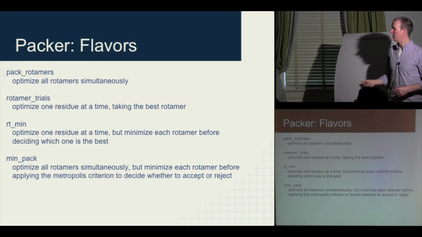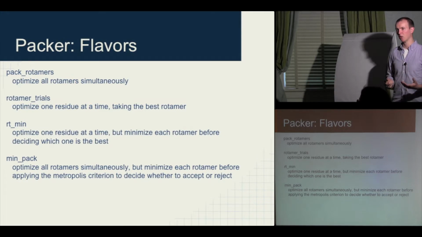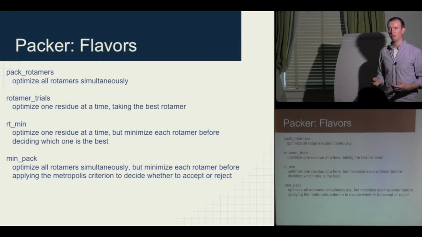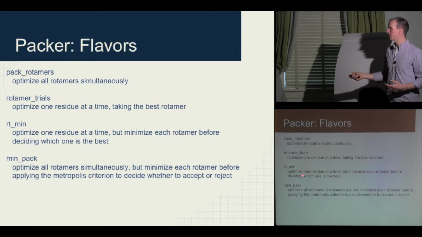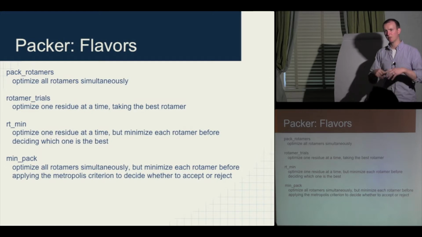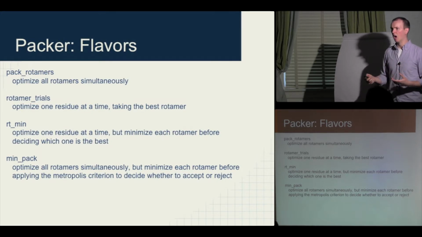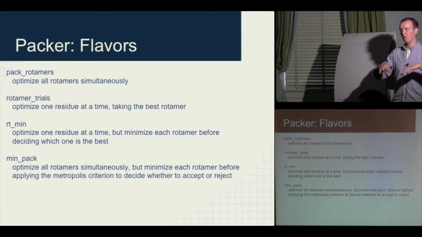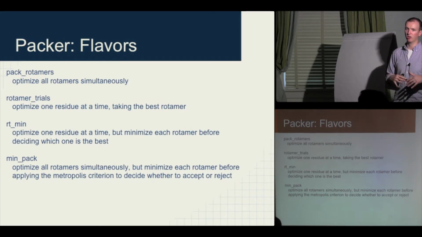So these are both discrete ways of optimizing rotamers. There are actually two continuous ways of optimizing rotamers as well. RT-min is the continuous version of rotamer trials, where you optimize one rotamer at a time. But before you decide what the best rotamer is, you run minimization for each of your rotamers.